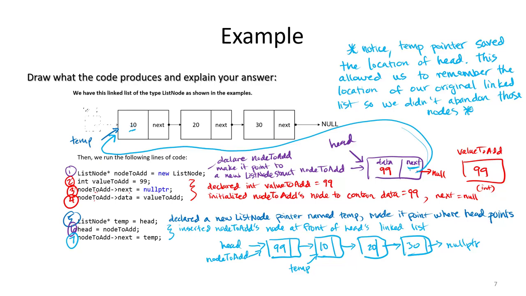Notice if we had not used that temp pointer, the minute we moved head to point at node to add, these 10, 20, 30 nodes would have vanished. We would have lost access to them. So it's very important, especially when we're inserting things into our linked list, that we maintain some contact with all of our nodes using pointers. Here, this temp pointer allowed us to remember the location of nodes 10, 20, 30 so that we could still access them later on.